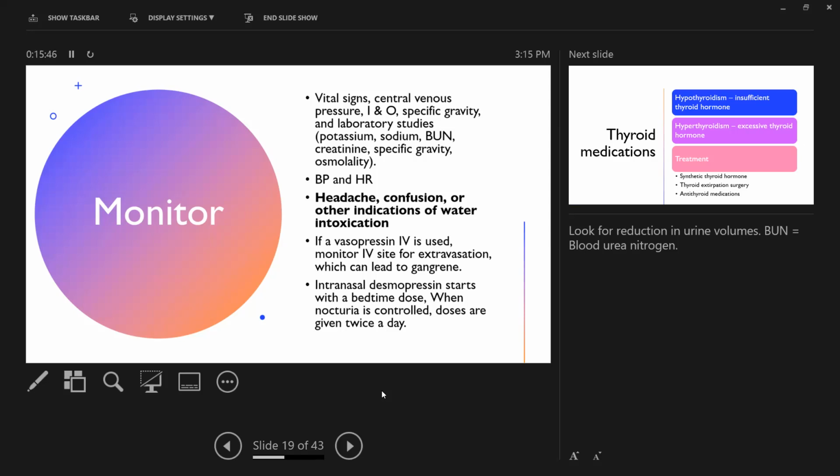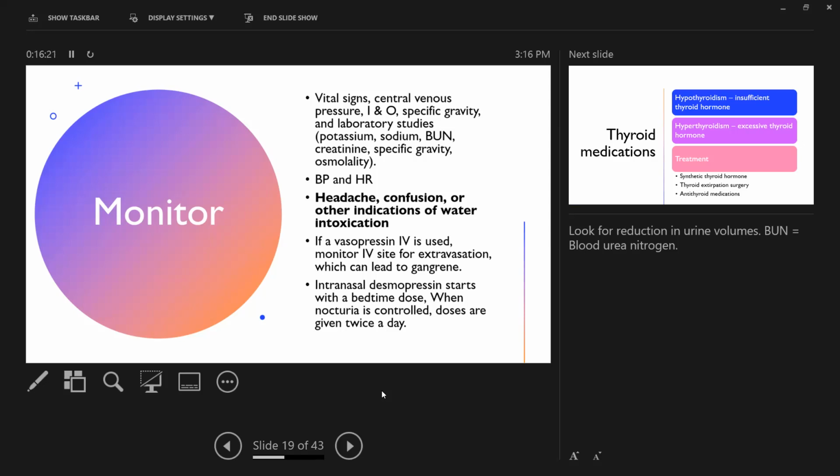Monitor the specific gravity of the urine, and then laboratory studies that look at things like the blood urea nitrogen, the sodium, potassium, creatinine, osmolality of the urine, specific gravity of the urine. Look at the blood pressure and the heart rate. Those are important signifiers of water intoxication. In particular, headache, confusion, or other indications of water intoxication.